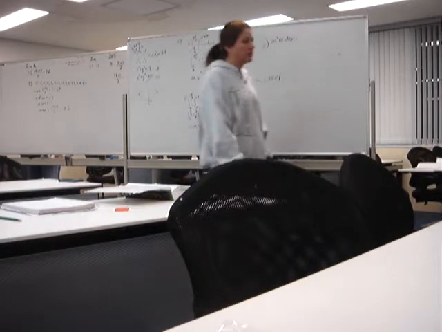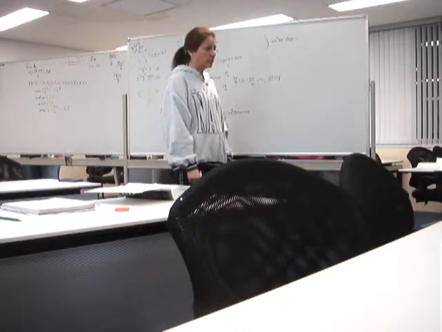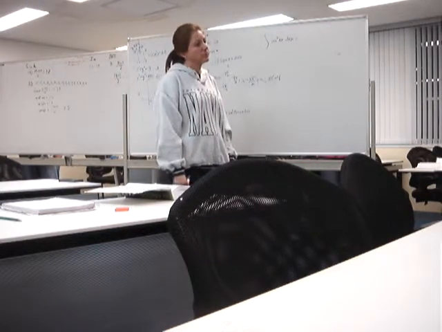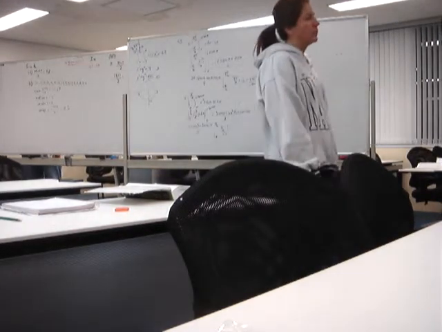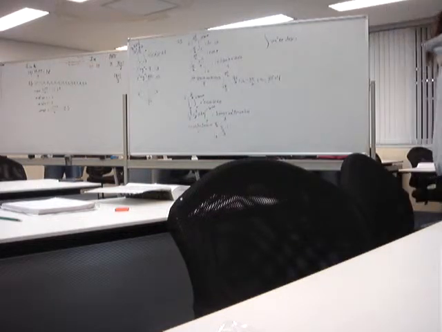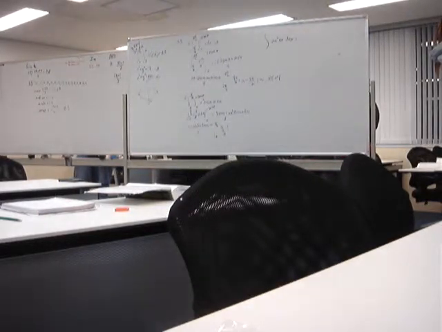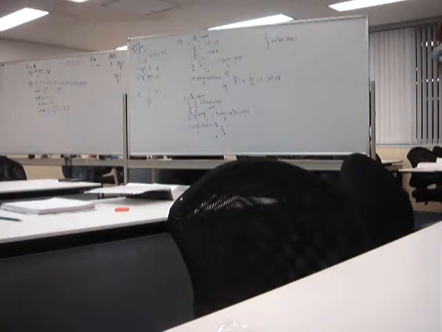So when you integrate, the integral of sine squared theta d theta equals the integral of 1/2 d theta minus the integral of cosine 2 theta d theta.